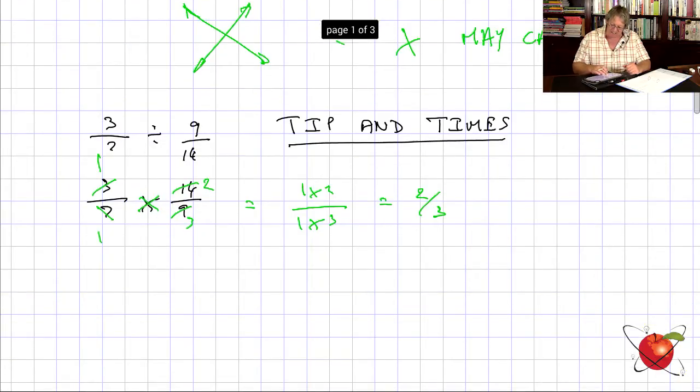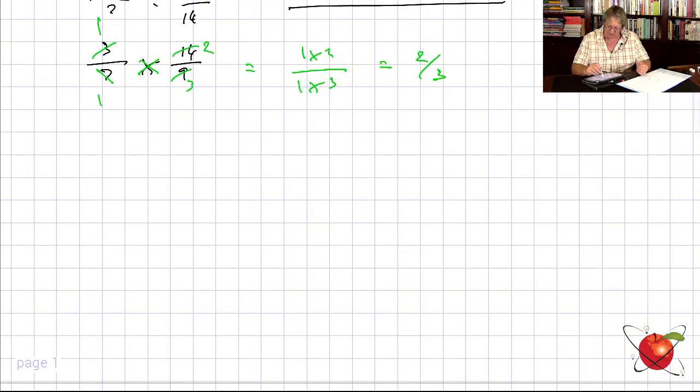Please recap a little bit on the fractions, just so that you've remembered these. That is kind of critical for the work that we're going to be doing now. So step 1, we always go through tip and times first.